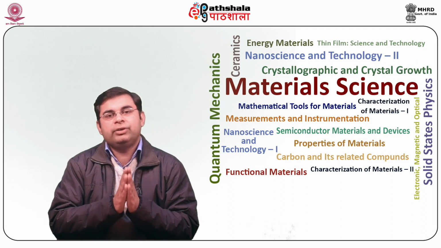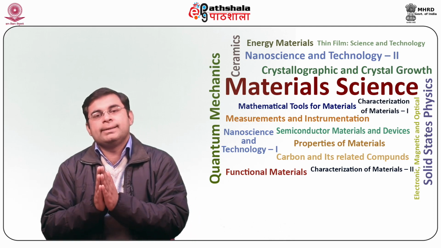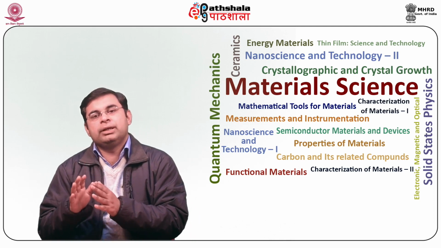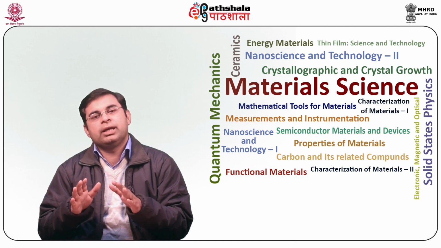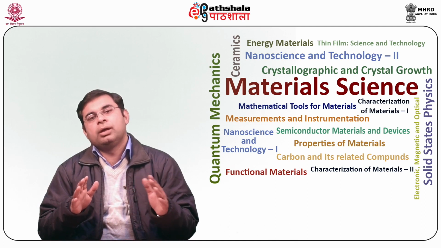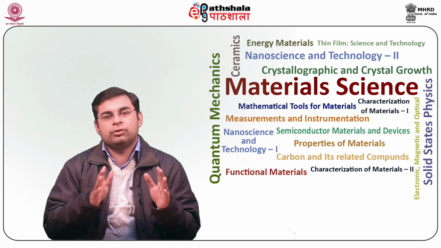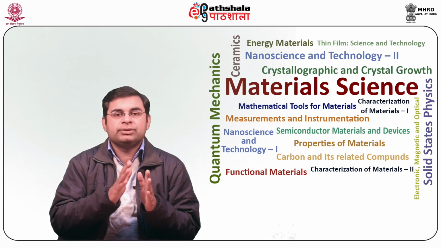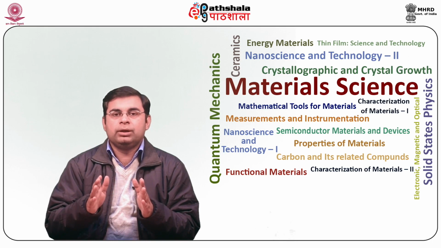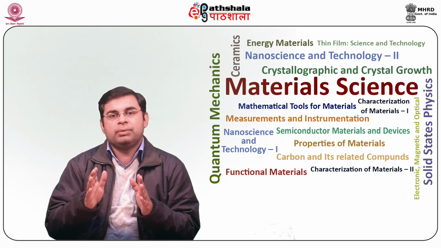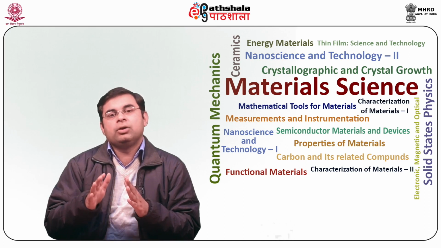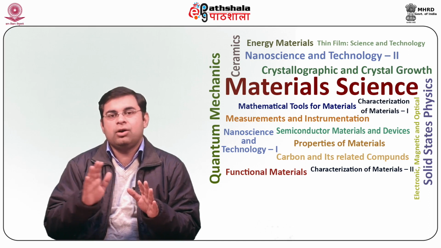Second, the mean free time between collisions is tau, that is, the probability of collision per unit time is 1 by tau, and the probability of having a collision in an infinitesimally small time interval dt is given by dt by tau, which does not depend on the position and velocity of electrons.